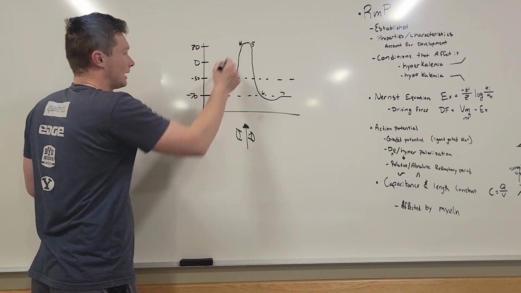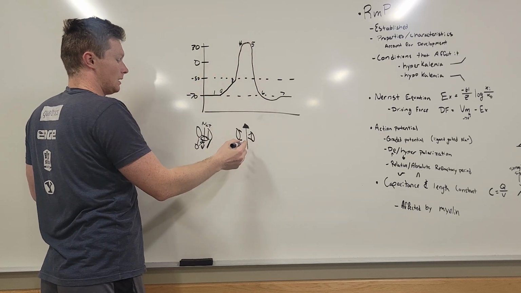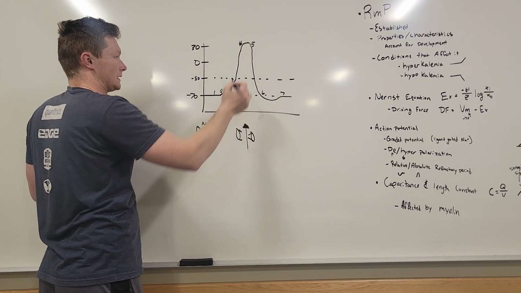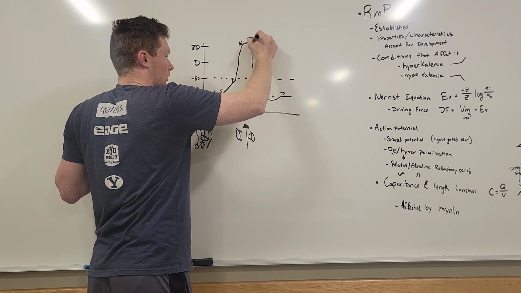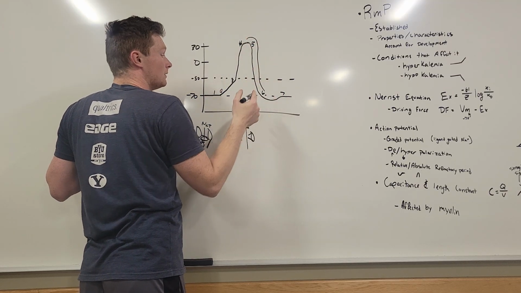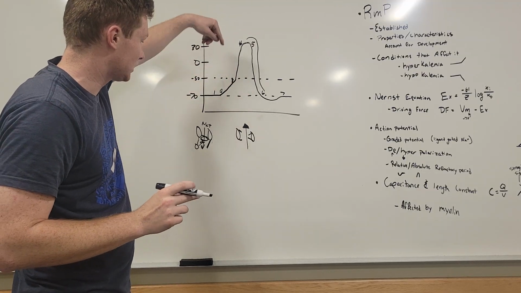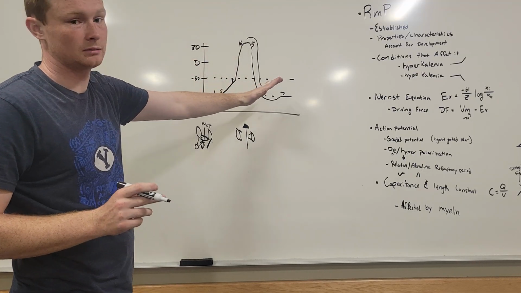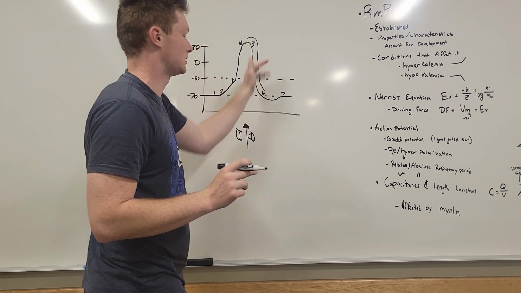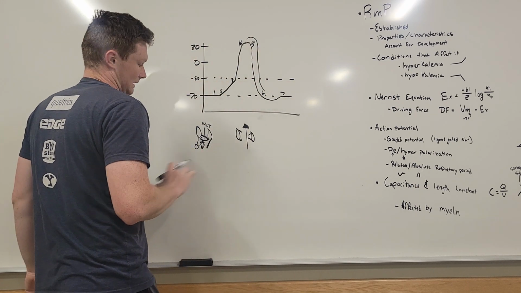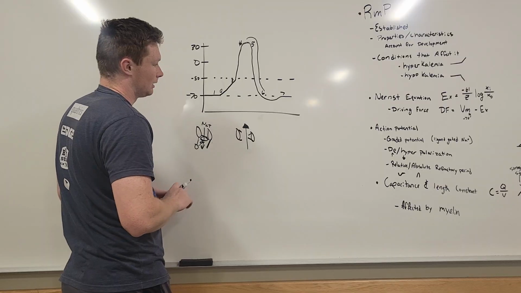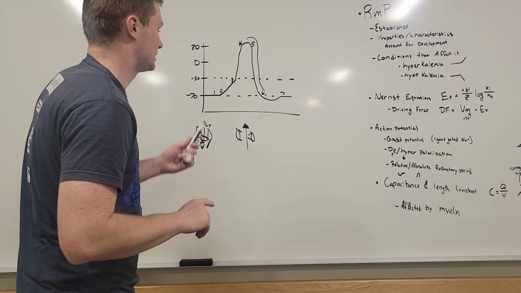It'll close this off right about here. And then we're hyperpolarizing, and we'll go down, down, down. Remember, they're slow to close, so it takes a while for them to close. So we're actually going to go below our resting membrane potential, and then we're going to plateau back up as we hit equilibrium. And so that is kind of how an action potential works.